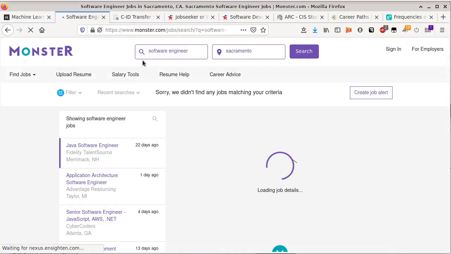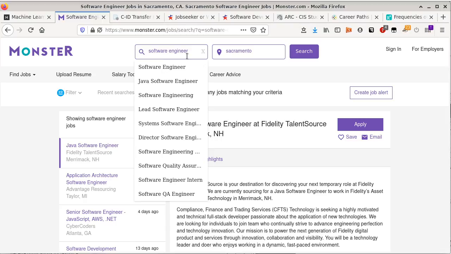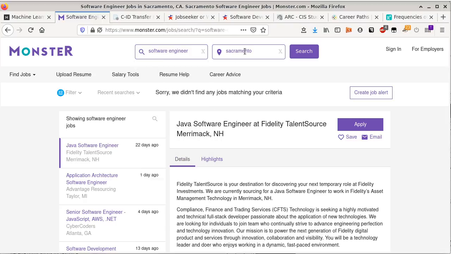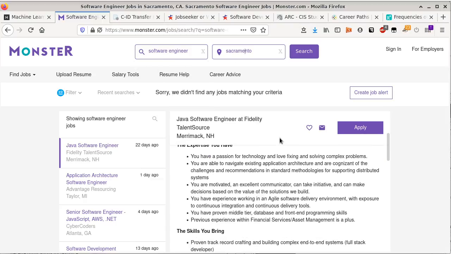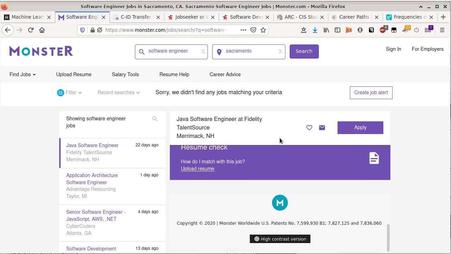Another really good resource is the good old monster.com. In monster.com, you can search by career type, like software engineer, and also location. Now we have a list of jobs related to that, at least posted within Monster.